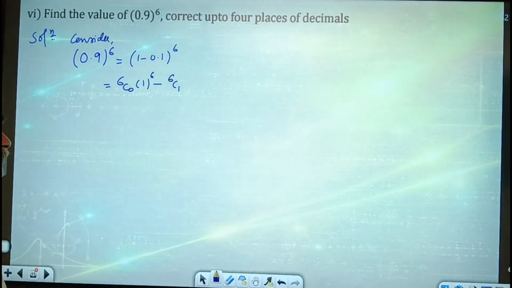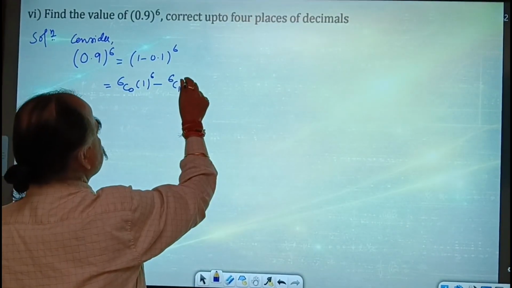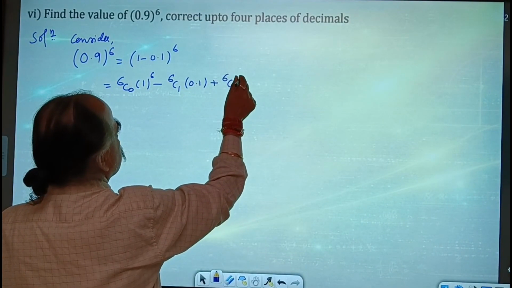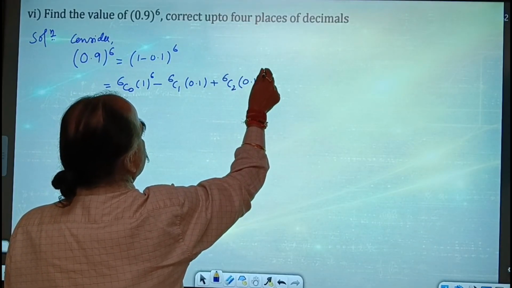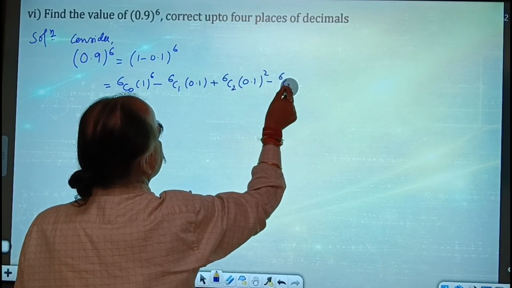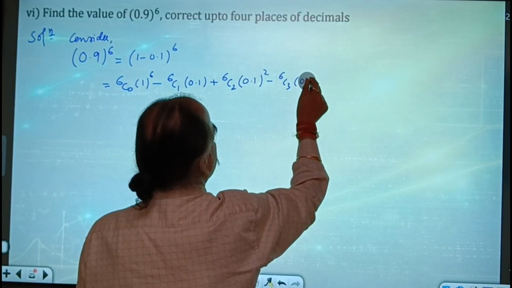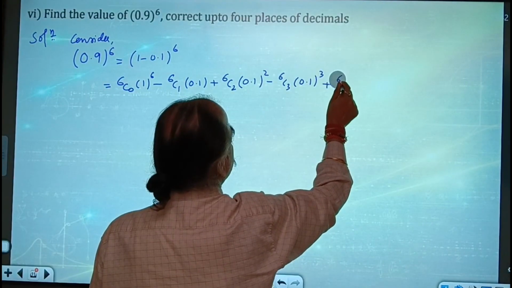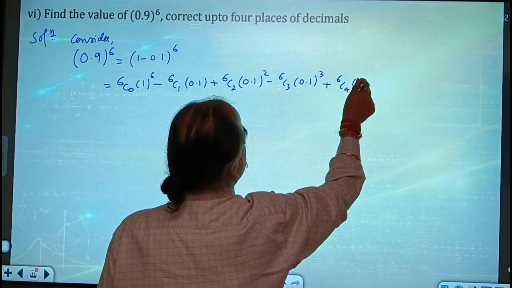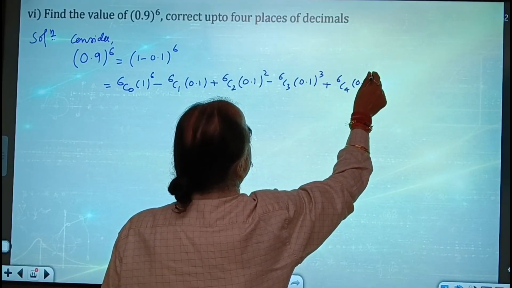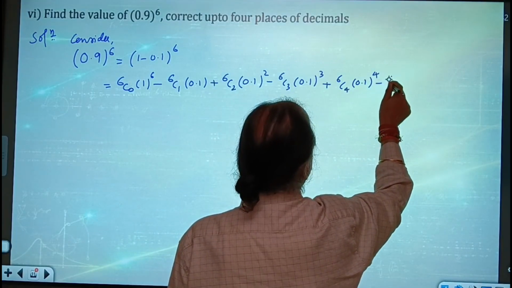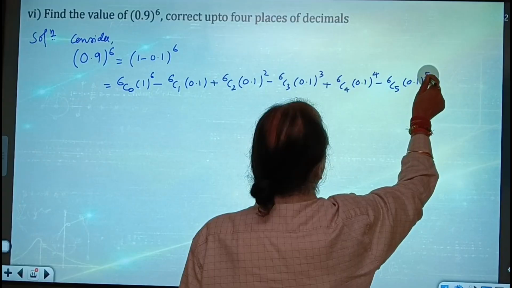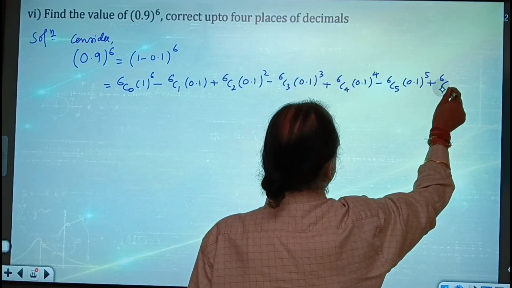Alternate plus minus will come in this. 1 raised to any power is 1. 6C2, minus 6C3, plus 6C4, 6C5, plus 6C6.